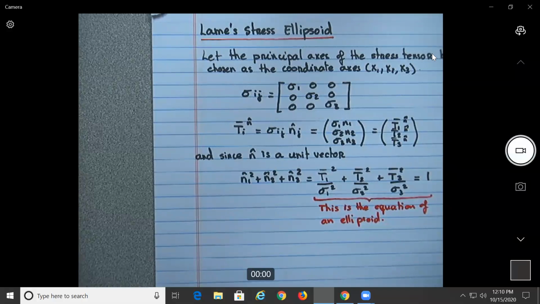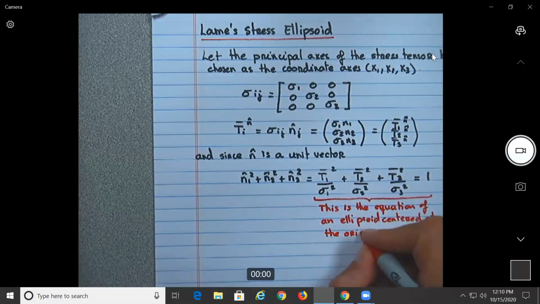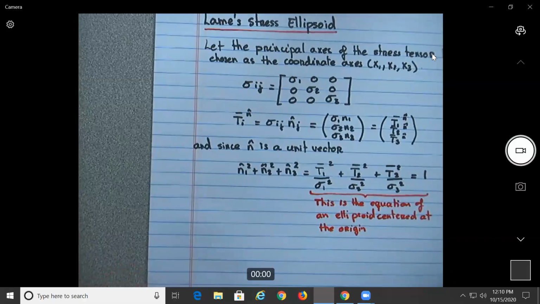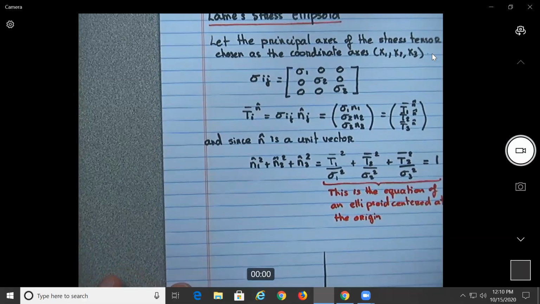centered at the origin. So if we do this on the figure, x1, x2, x3, this.